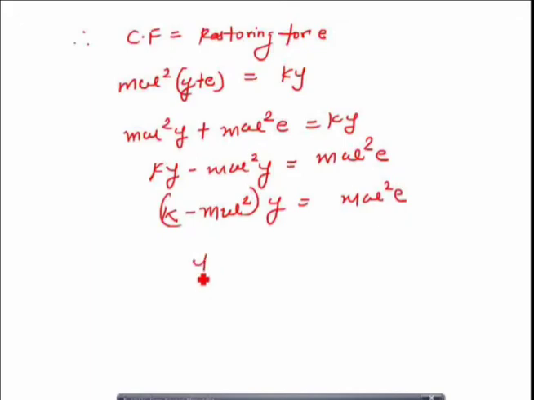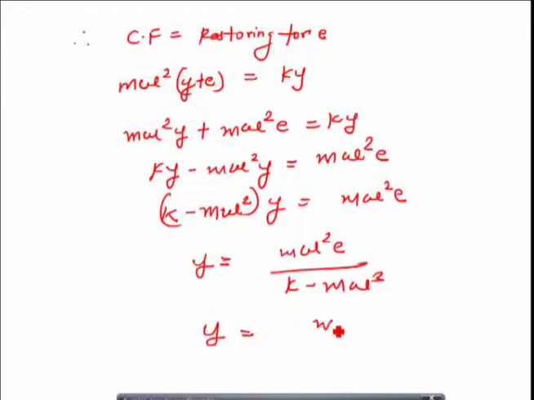So I am getting Y, that is the deflection, is equal to m omega square E divided by K minus m omega square. Now we will divide both the denominator and the numerator by K. So I am getting Y is equal to m omega square E divided by K, over K minus m omega square divided by K. So K divided by K will be 1, and m upon K is nothing but 1 upon omega n square.